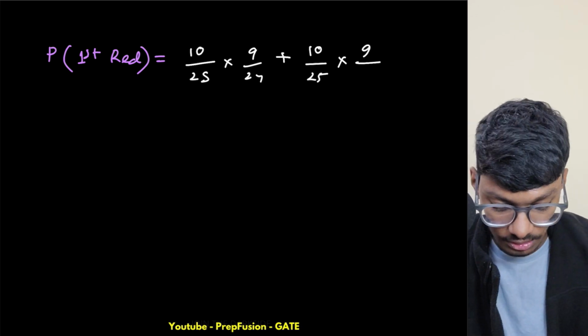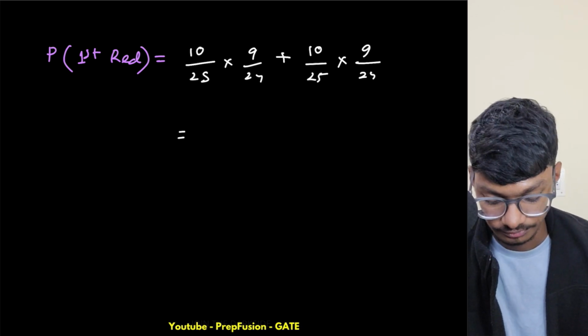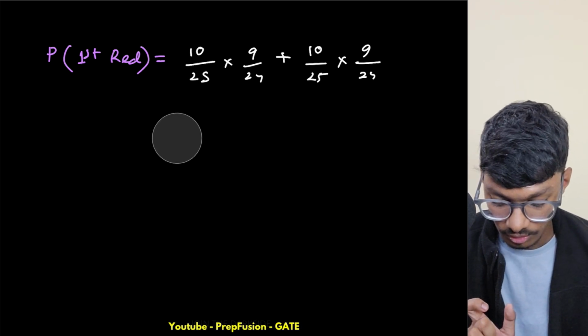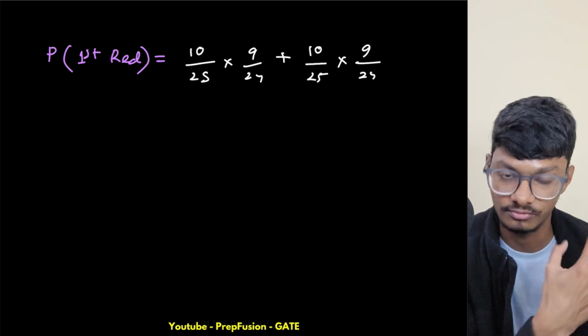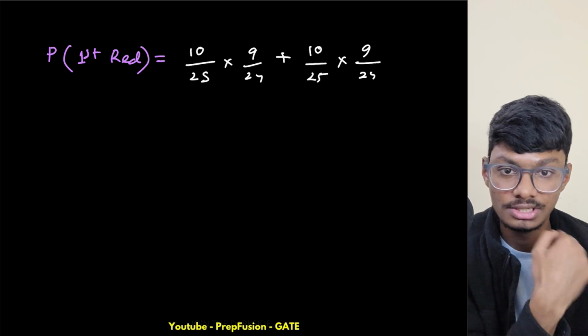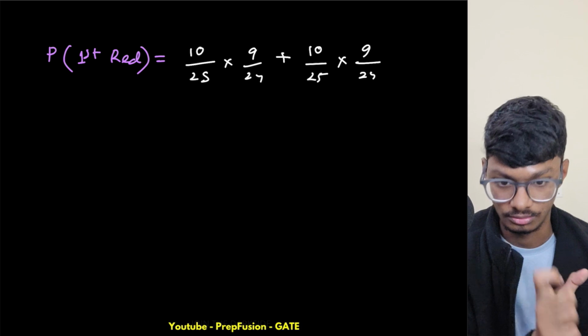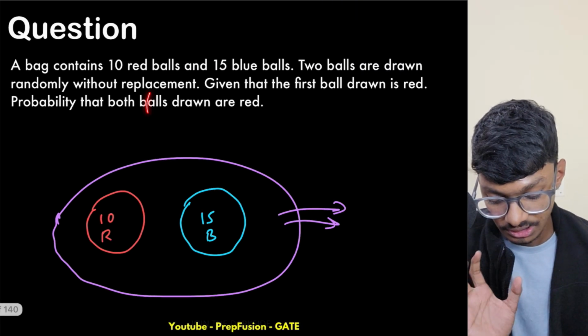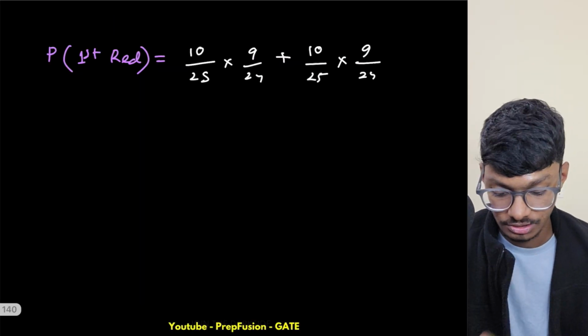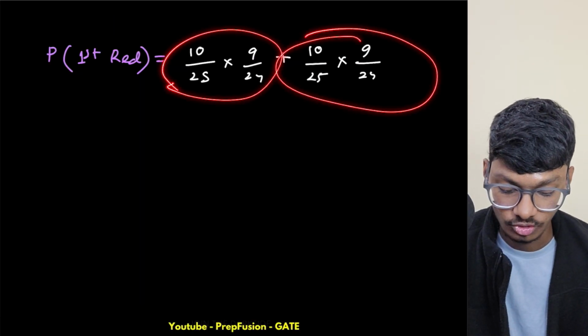So it will be 15 by 24. This is the probability of what can happen in the second ball I take out. Now what is asked is that both balls should be red. So this is my desired probability, and this is not my desired.